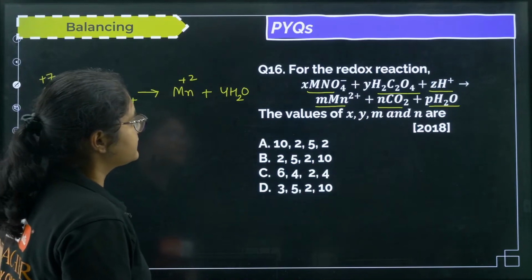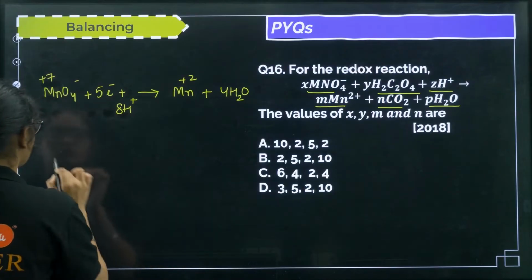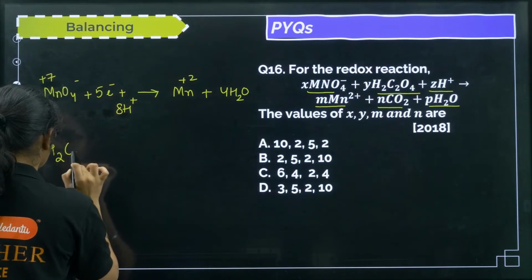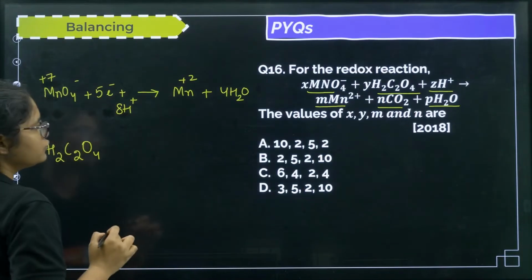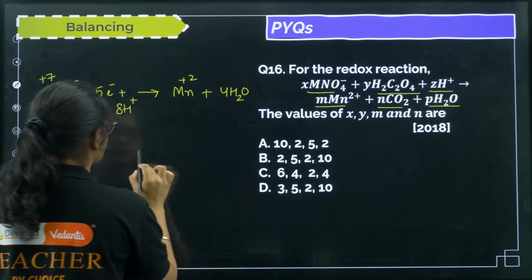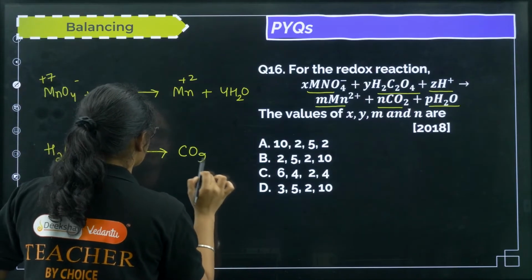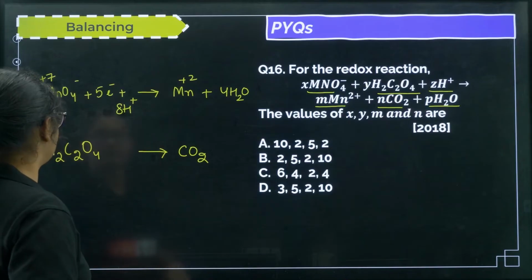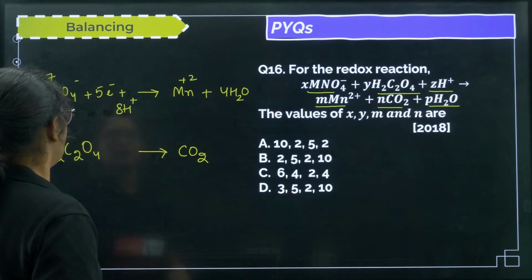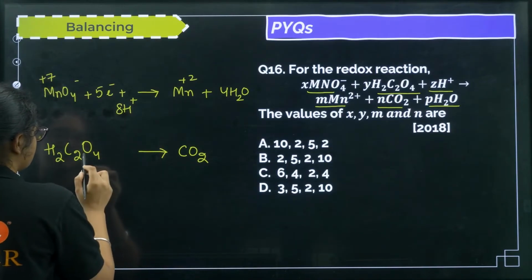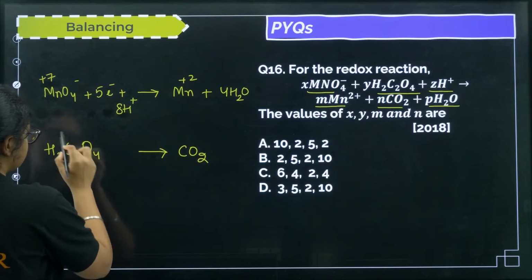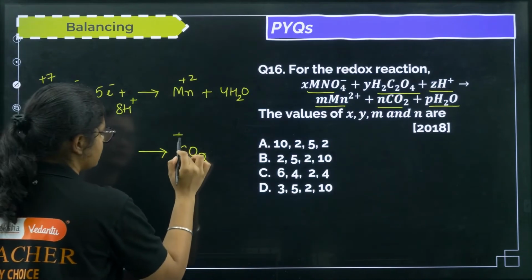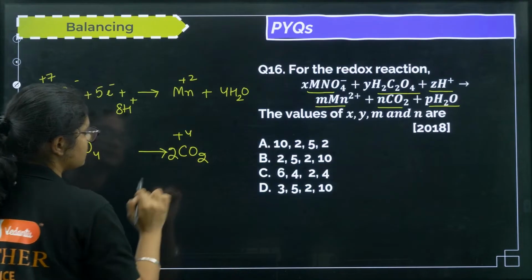Next, if I see H2C2O4 to CO2. Here the oxidation state is +3, and here it is +4. 2 carbons, I will make it.